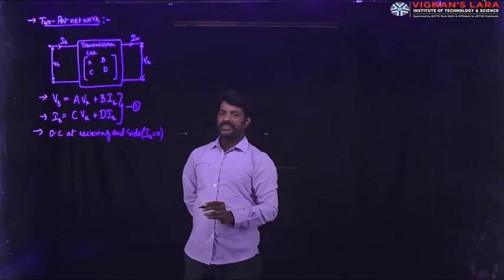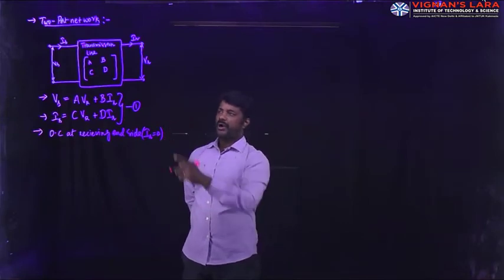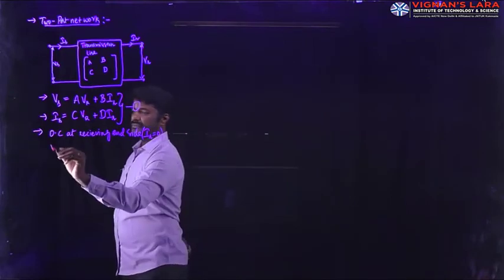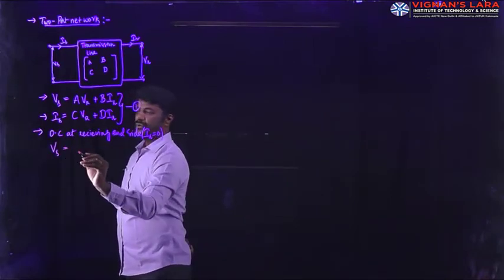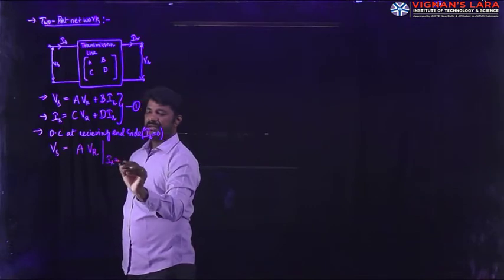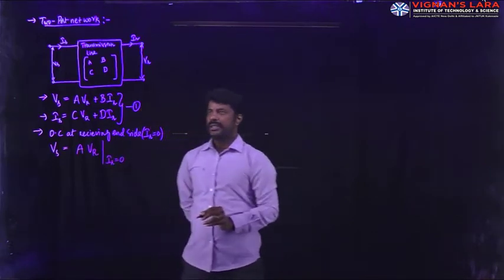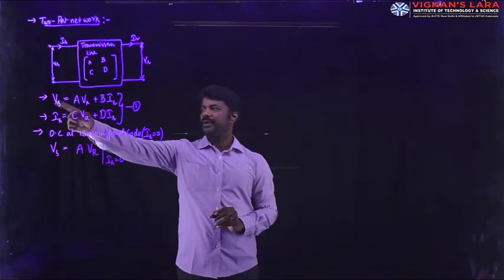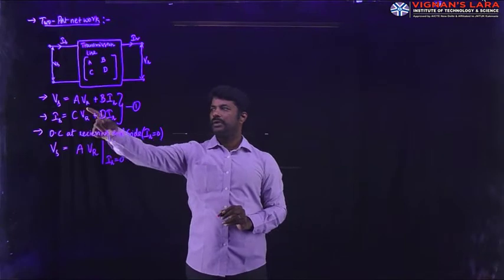With IR as 0, we can write the modified equations as Vs equal to AVR, since IR is 0 and B into 0 is 0. Thereby the equation is reformed as Vs equal to AVR.